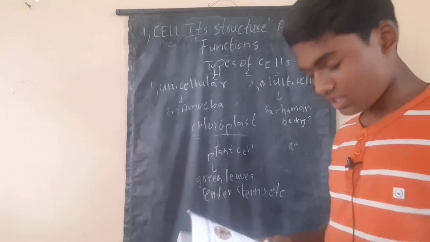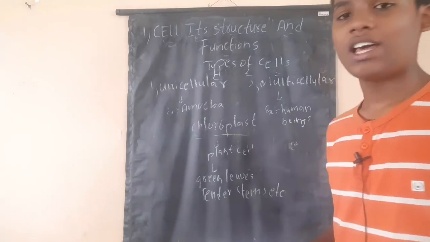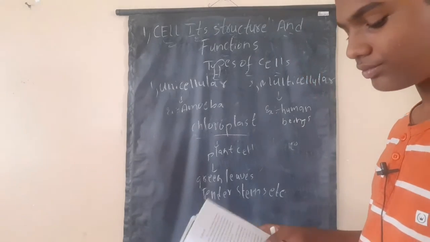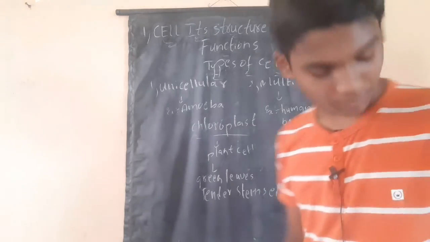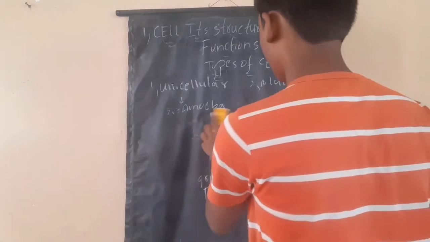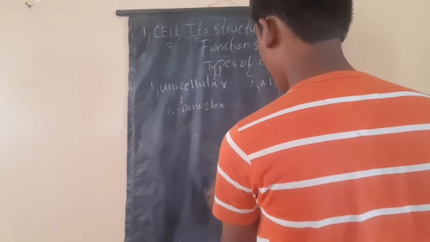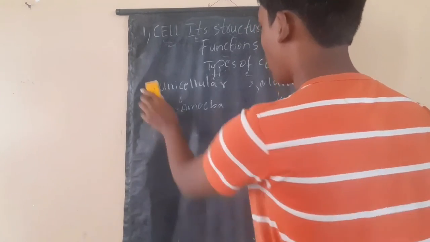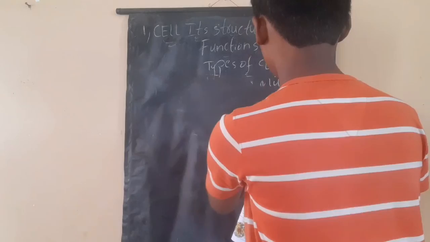Okay, now let us see some cell organelles. Let us see the complete details of the cell organelles. So please make sure that you have your 9th class biology textbook and note all the details in a notebook.